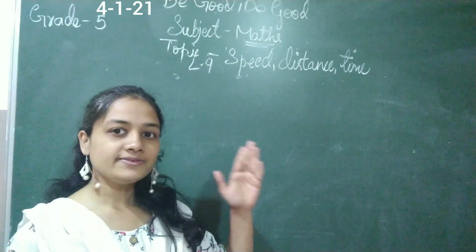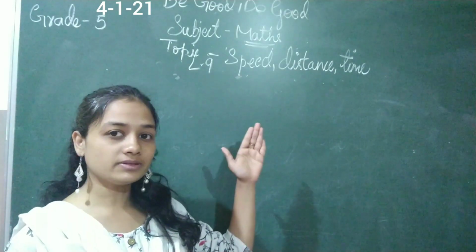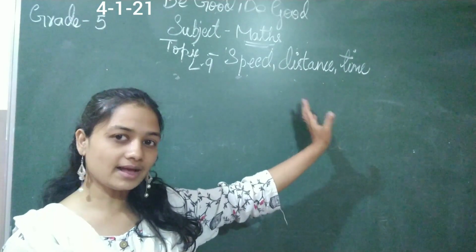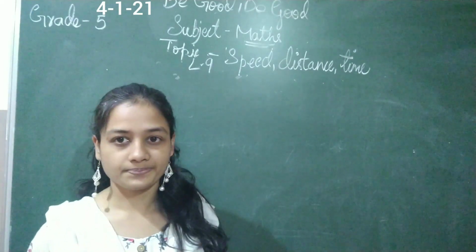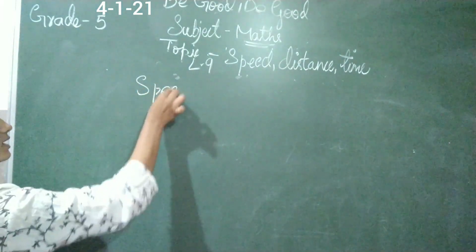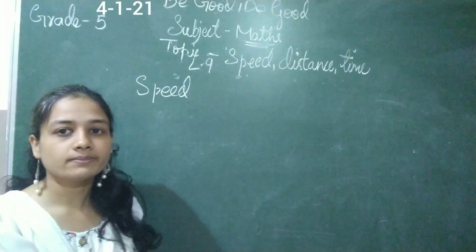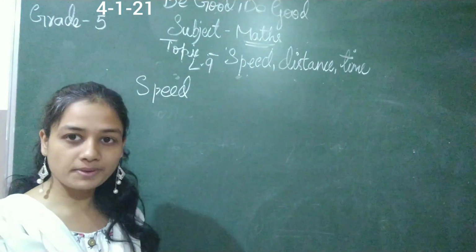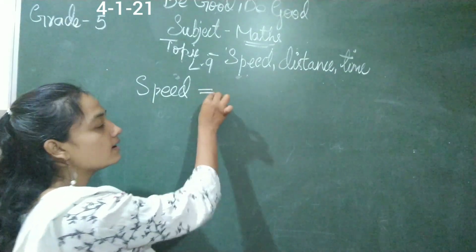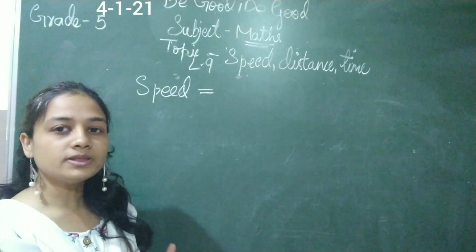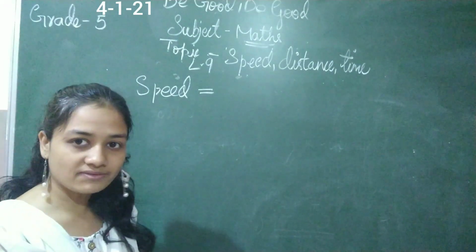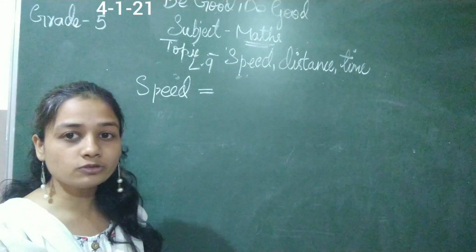So today we will be going to see how all these three things are related with each other. Normally we know speed means just how fast the thing is moving. But for calculating speed, we use distance and time. So in a proper sentence, speed means how far you travel and how much time you take to travel.